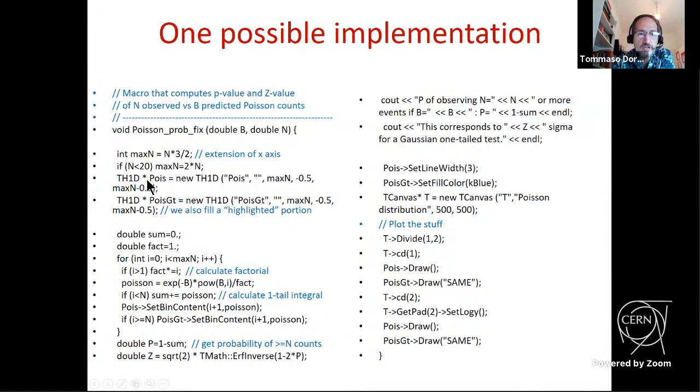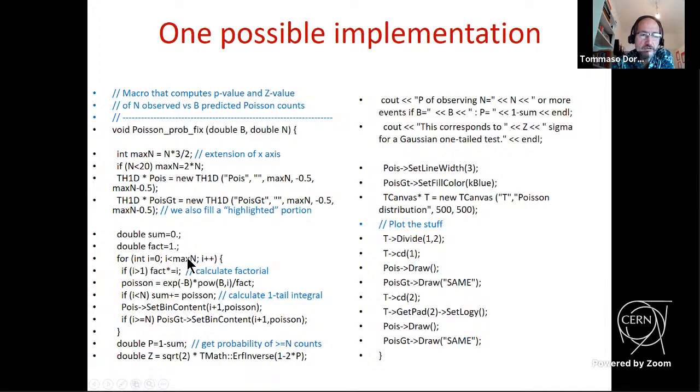TH1D star defines a histogram which has max n bins that run from 0 to max n. We have two such histograms because one of them we want to draw in blue on top of the other, so that we see the part of the Poisson that has at least n events observed. We can define this max n to be 1.5 times the number observed, or 2 times the number observed if the number is small, so that we can have nice graphs.